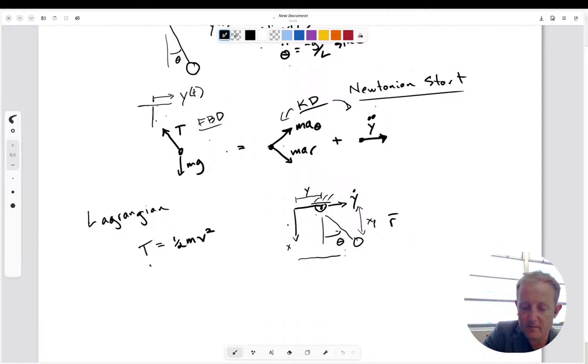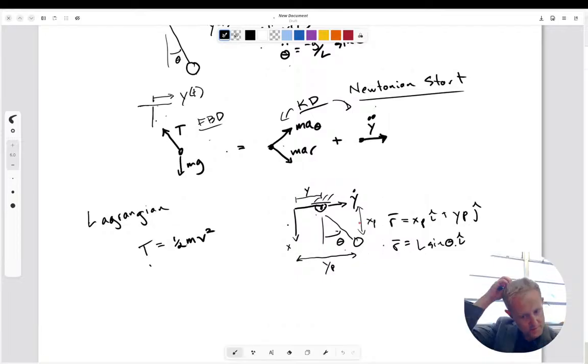Call it xp, and maybe yp, like this. xp along the I plus yp along the j. So xp is going to be L times that sine theta. And that's along my I, at least in this chosen kind of 90-degree rotation.